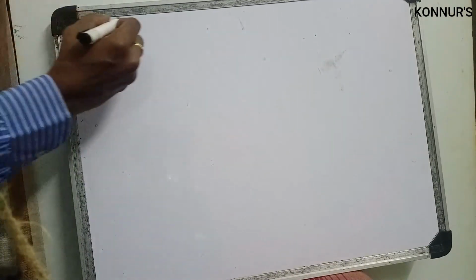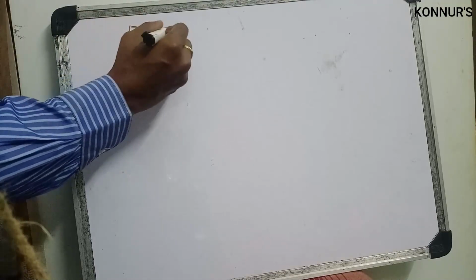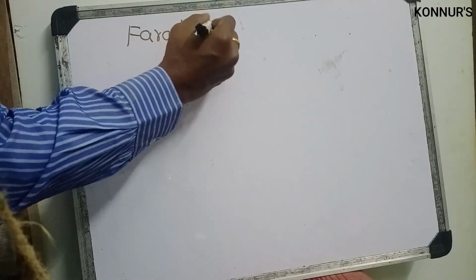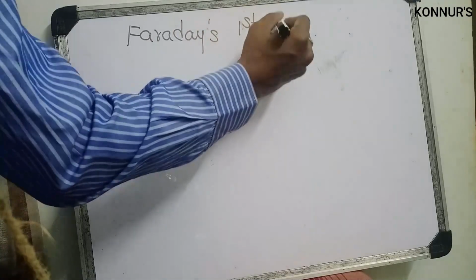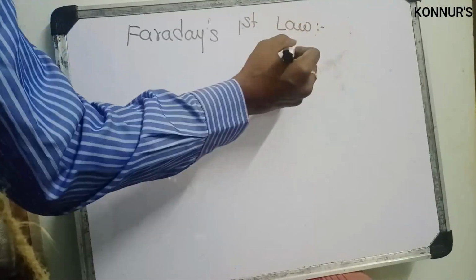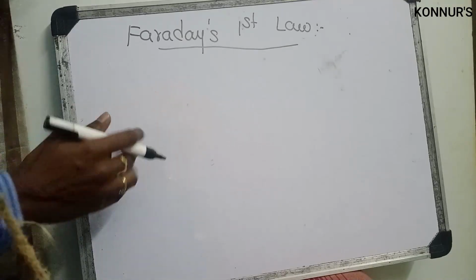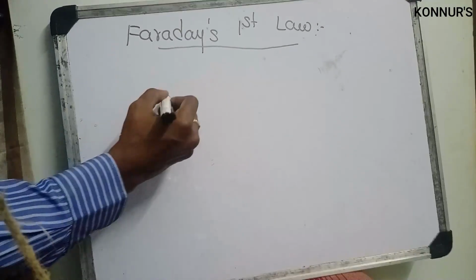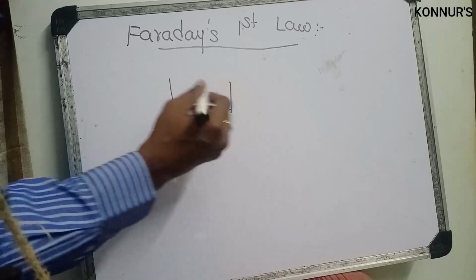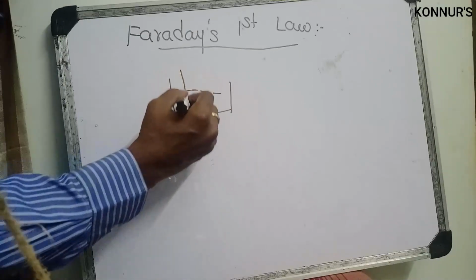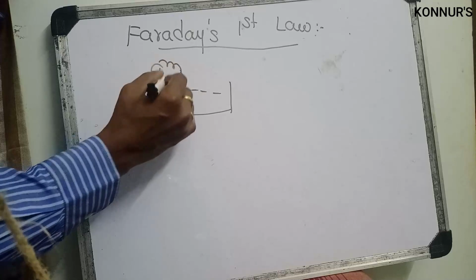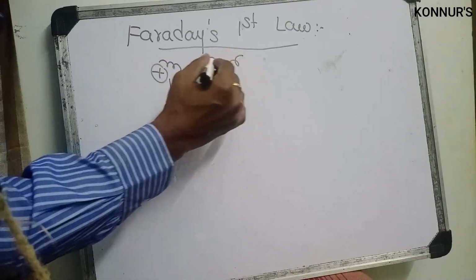So now Faraday's first law. See, we have already seen, we take an electrolytic solution. One electrode is connected with positive, another electrode is connected with negative.